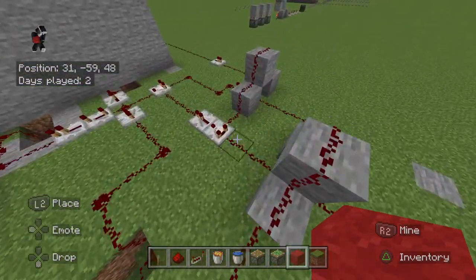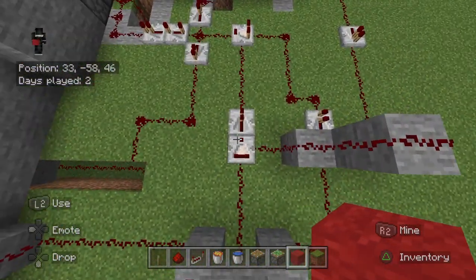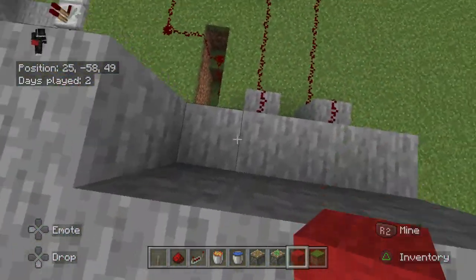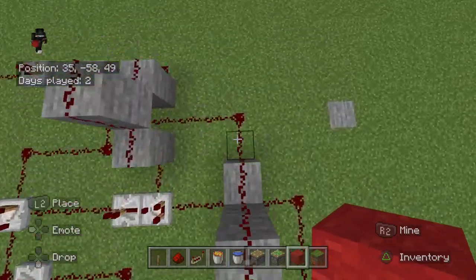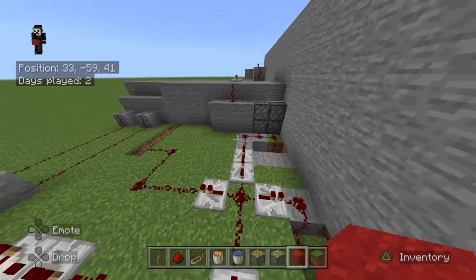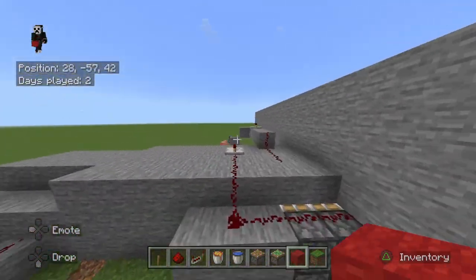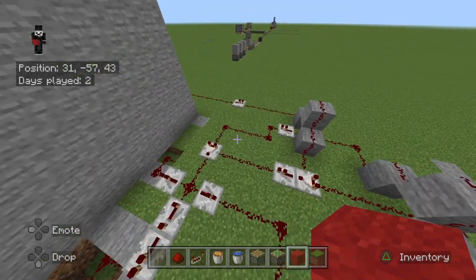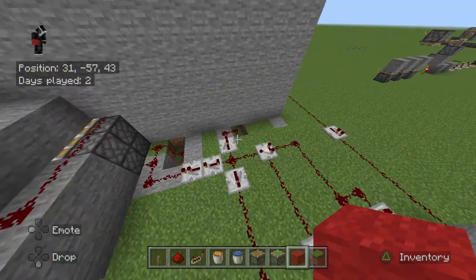Basically, there's a comparator here. This is that first lever that you flick, it goes over here, right to this comparator. This comparator powers the sides. Now, I don't have this in subtract mode. This is just normal power.